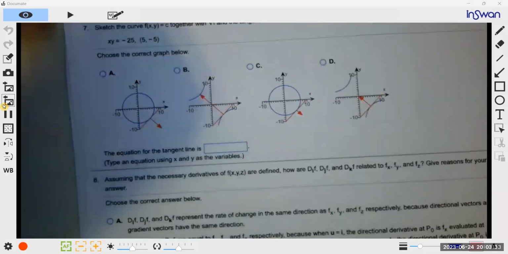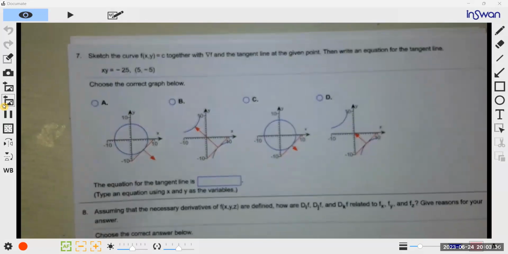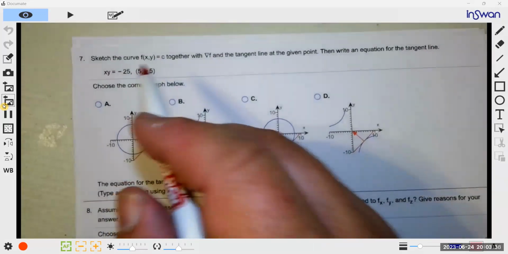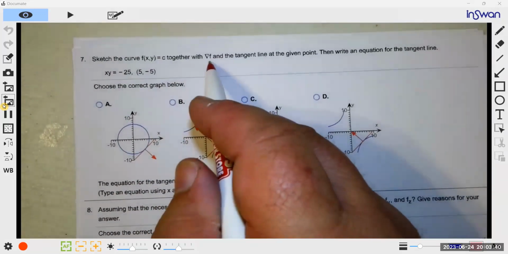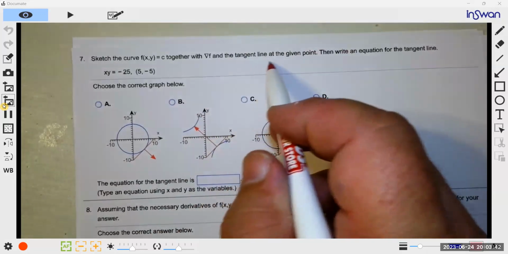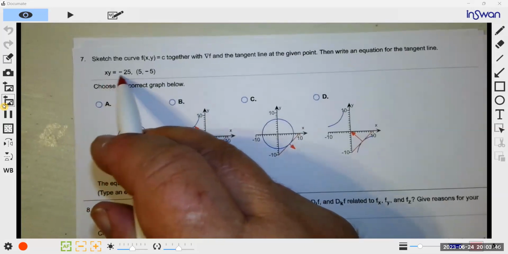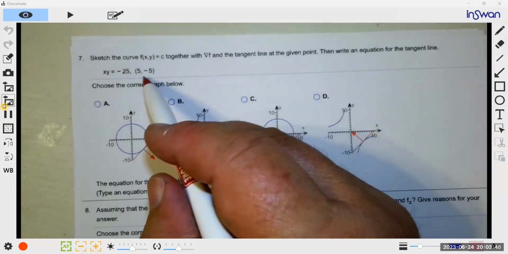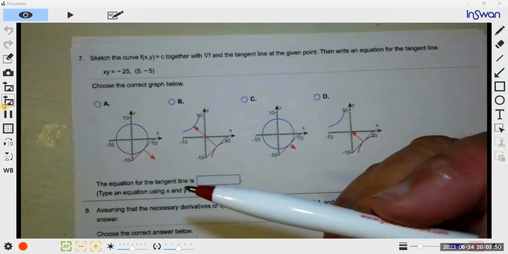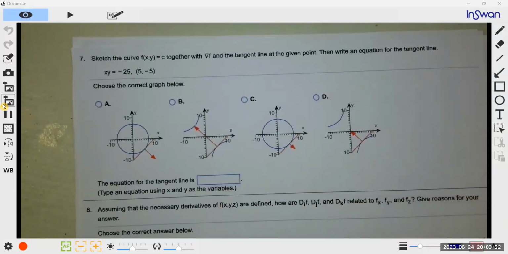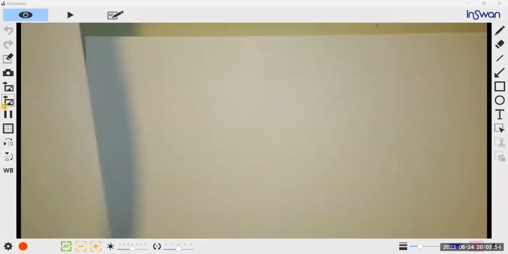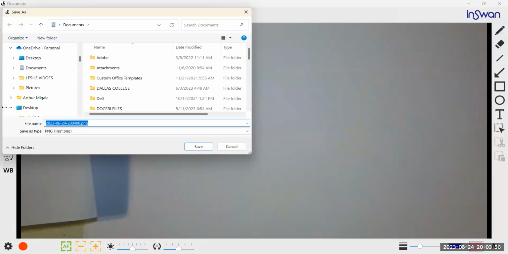Number 7. It's the same thing. Sketch the graph of the function equals c together with the del operator and the tangent line at the given point. Then write the equation of the tangent line, xy equals negative 25, all that stuff.